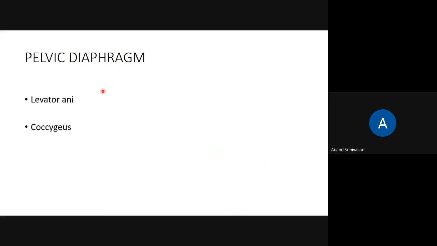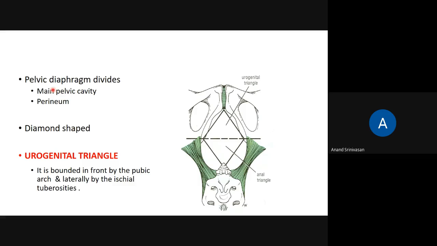Now if you see the pelvic cavity, we can divide it into the main pelvic cavity and the perineum. There are certain structures in the pelvis, such as the urinary bladder, uterus, vagina, and the rectum.